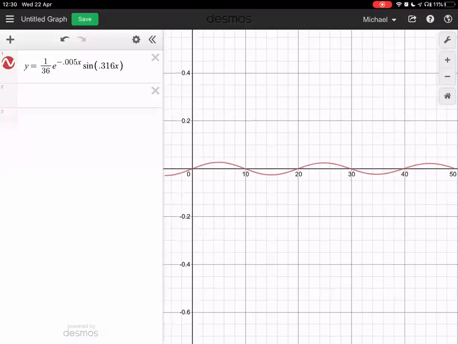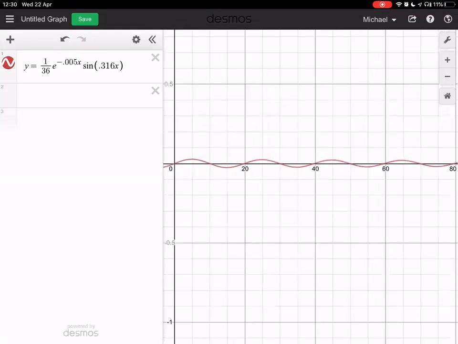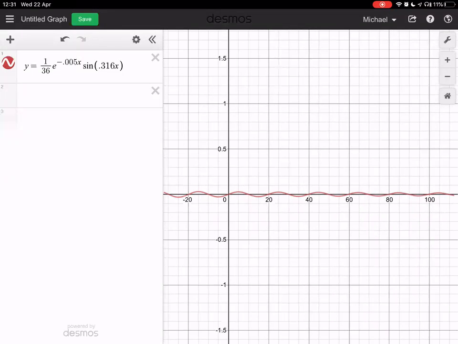It's difficult to see because the time constant is so high.